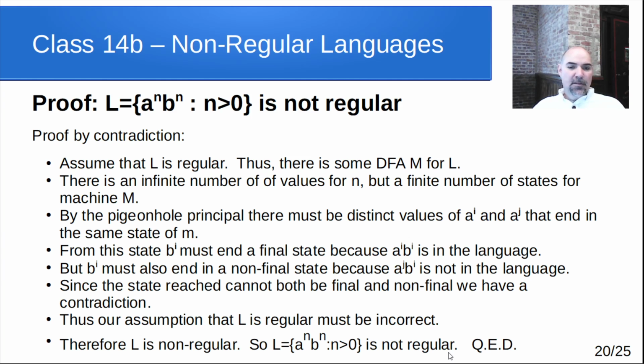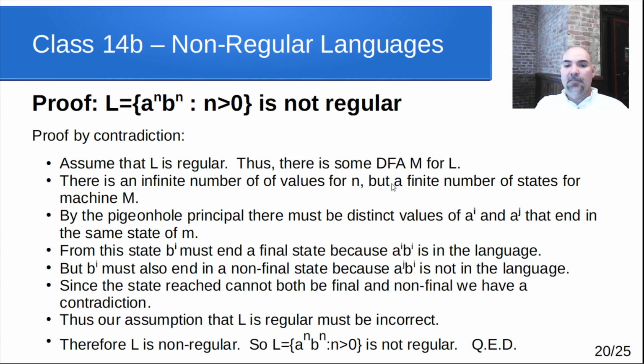And the pigeonhole principle is kind of what allowed us to prove that. The concept here is, I have a finite number of states, but an infinite number of values, so there have to be two values somewhere. We don't even have to know what they are, and we don't have to know what this DFA even looks like. We just have to know, well, we assumed it was regular, so there is one.